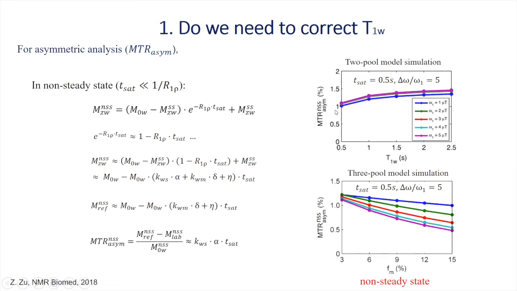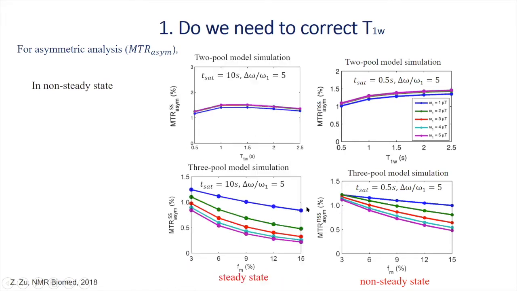In the upper figure, we can find that the non-steady state MTRasym is roughly insensitive to T1. And in the lower figure, we find that non-steady state MTR has some dependence on MT, but compared with the steady state MTR as a function of MT, this dependence is relatively weaker.